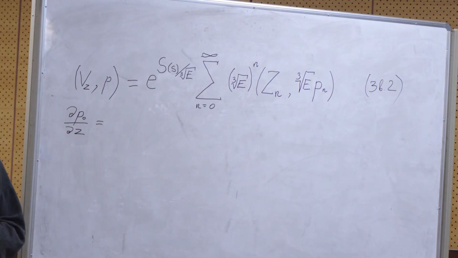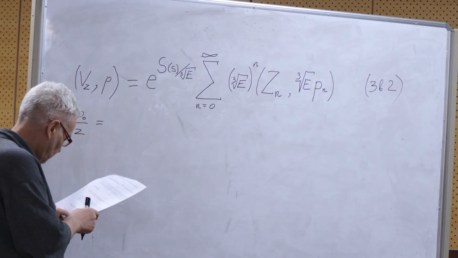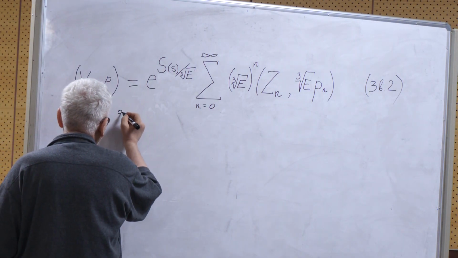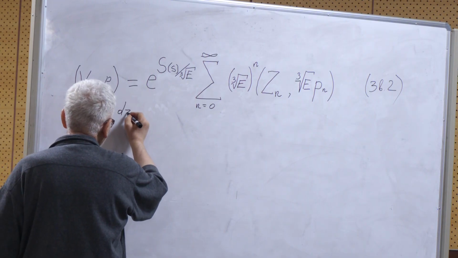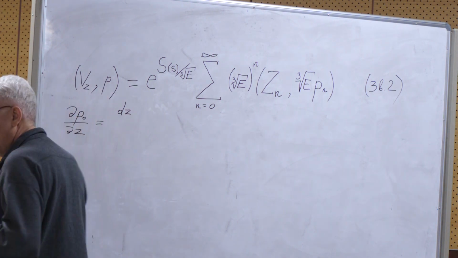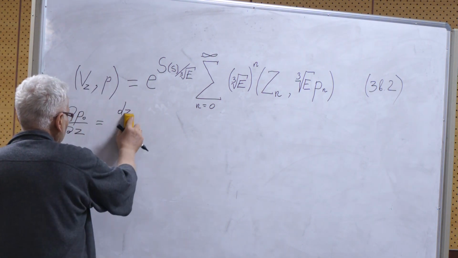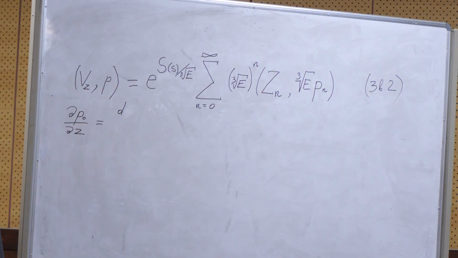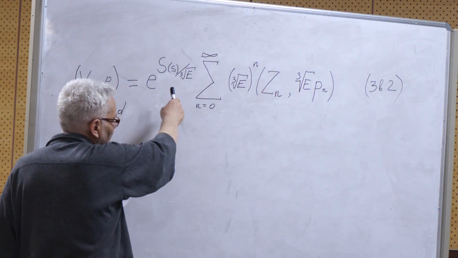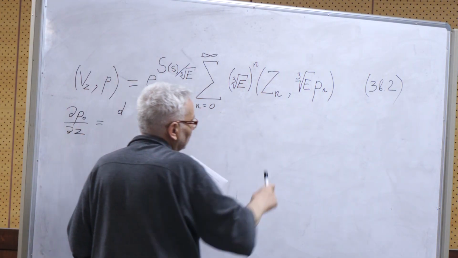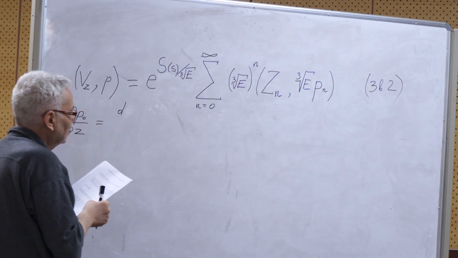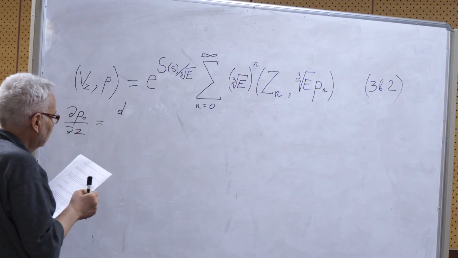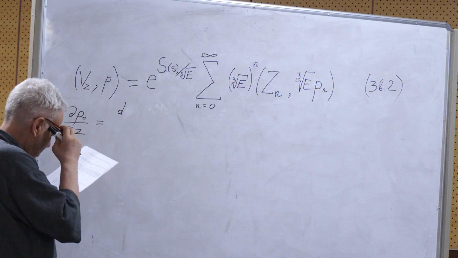It is necessary at this point to stress that this depends only on the cylindrical radius, while these two could depend not only on the cylindrical radius, but also on z, in the direction of the axis of rotation.